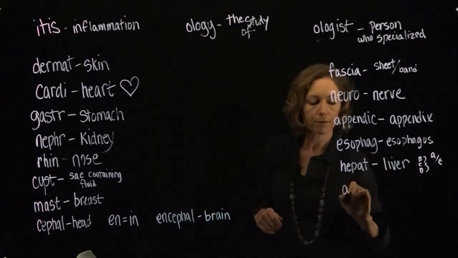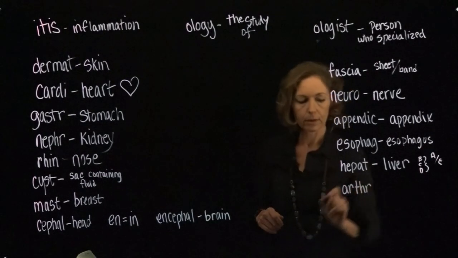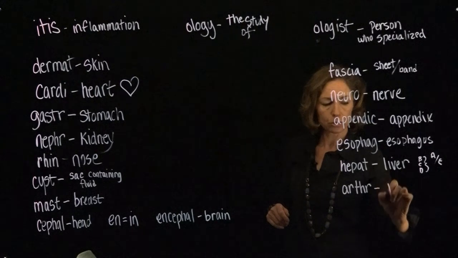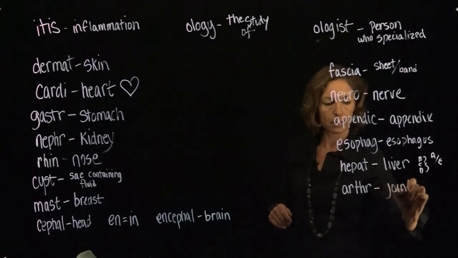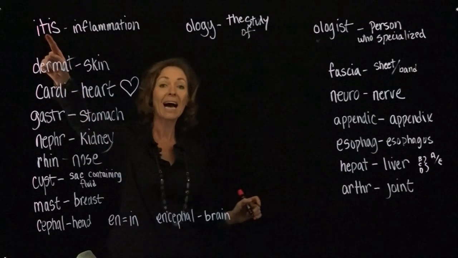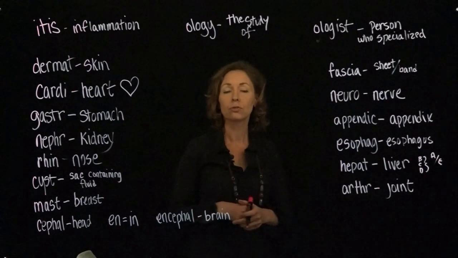One I know you're all familiar with is arthr. Arthr means joint. So if you put your arthr card in front of your itis, you would have arthritis, inflammation in your joints.